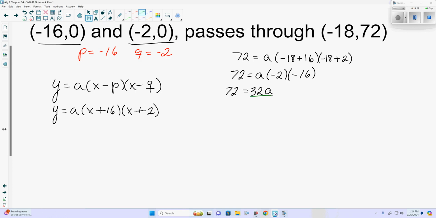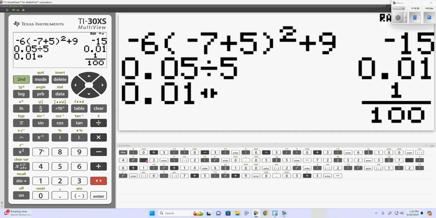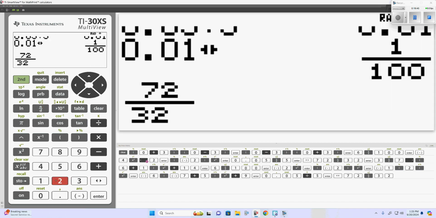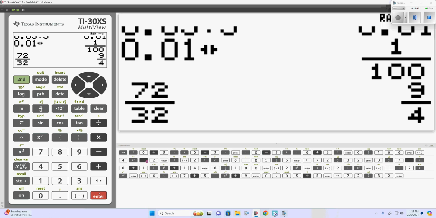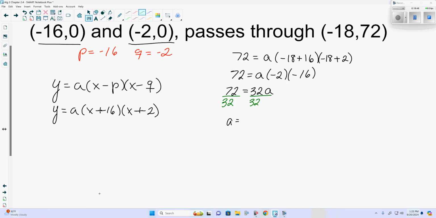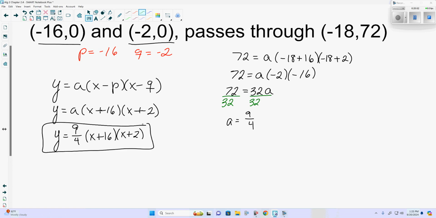Now we're going to divide both sides by 32. 72 over 32 is 9 over 4.